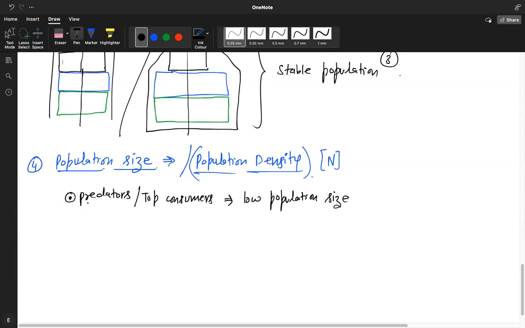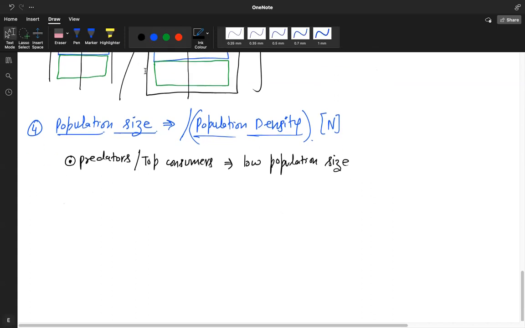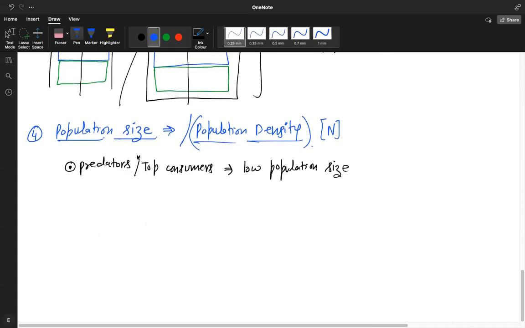Okay, but most of the time, population size or population density is not a very good measure to get to know what is the effect of the population on environment.